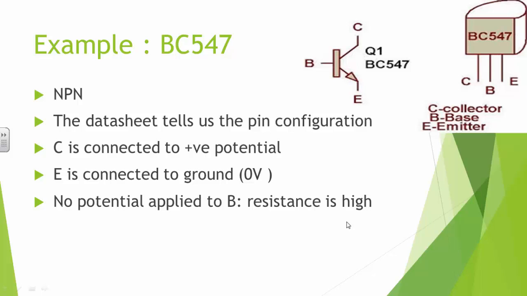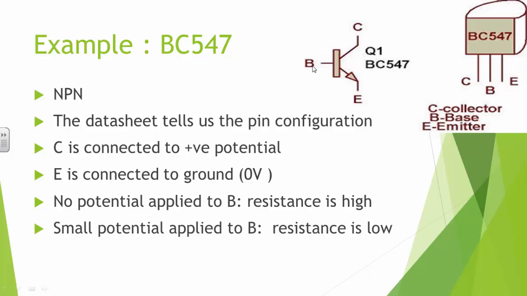But this is only the case when there's no potential attached to the base. As soon as we apply a potential, a positive potential to the base, the resistance of our transistor goes from being very high to being very low.